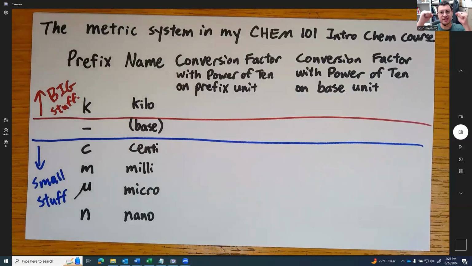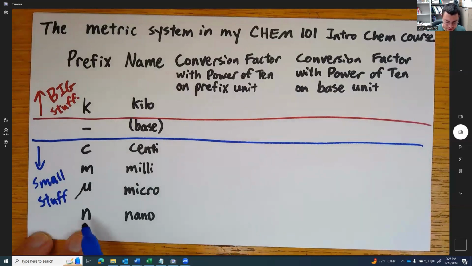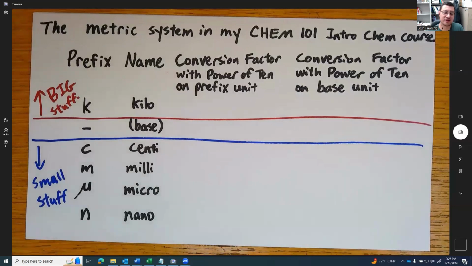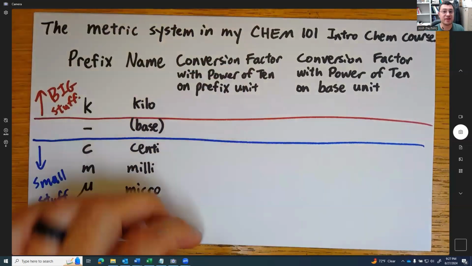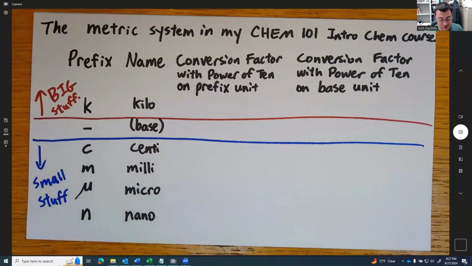Like bond distances between atoms, that's approximately a tenth of a nanometer, maybe 2 tenths, 3 or 4 even sometimes. Anywho, so big stuff and small stuff. That's going to be the theme of this video. Big stuff, small stuff.